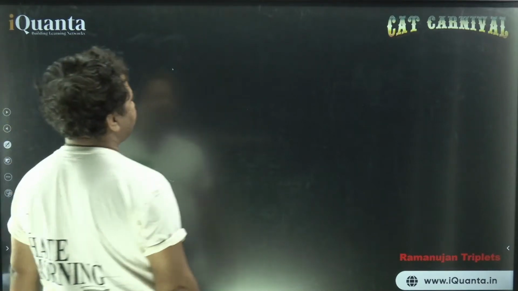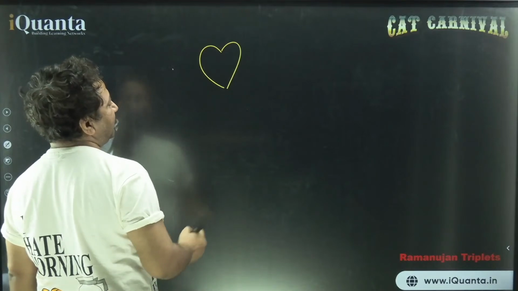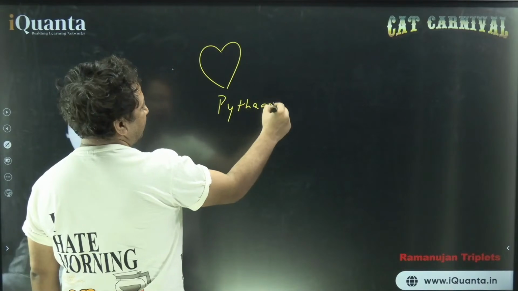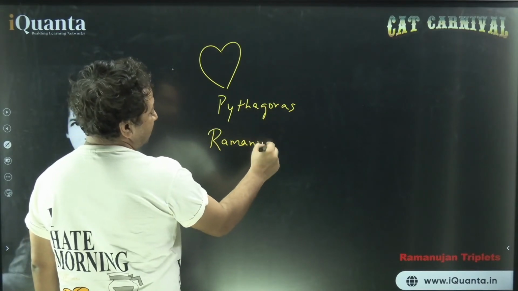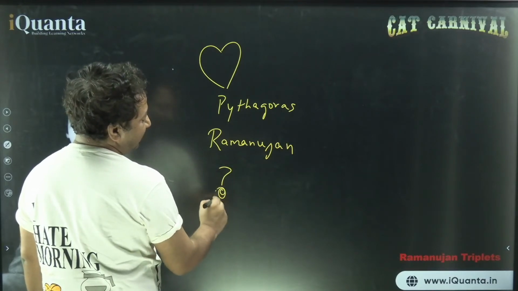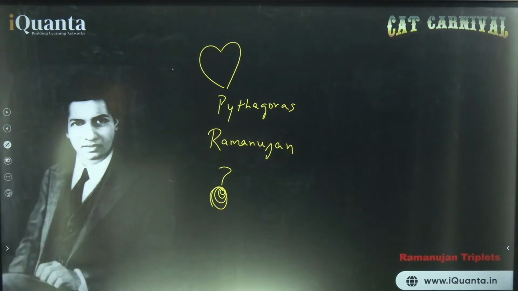So let's fall in love with three people: Pythagoras, Ramanujan, and that unknown mathematician who was killed. And that is how we got the concept of irrational numbers.